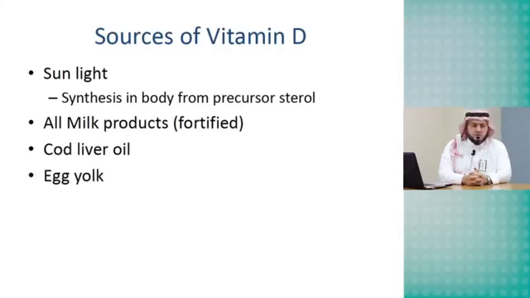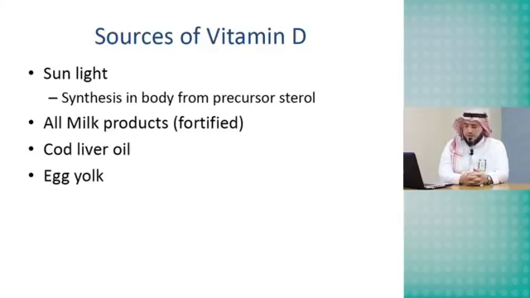What about exogenous sources? Sunlight is the most important exogenous source in the whole world, and we are lucky in Saudi Arabia to have this source in large amount, as we are a sunny country. So we need to benefit from this source.